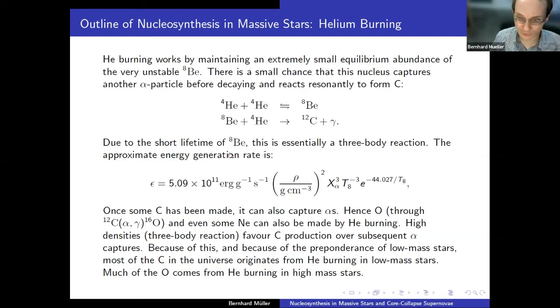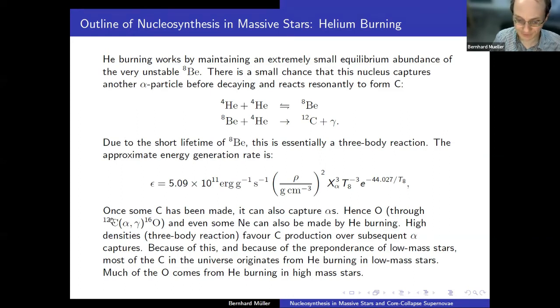Because what you can also do during helium burning, if you have carbon-12 as one of the fusion products, and you have lots of helium around, you can actually do alpha captures on carbon-12 as well. So helium burning doesn't only make carbon from the triple alpha reaction.